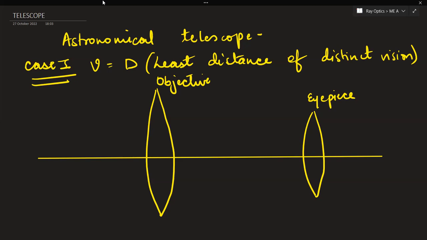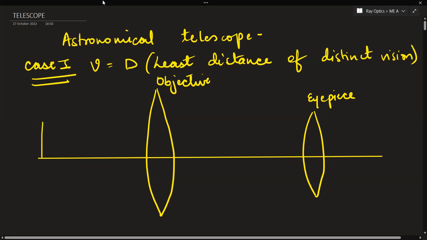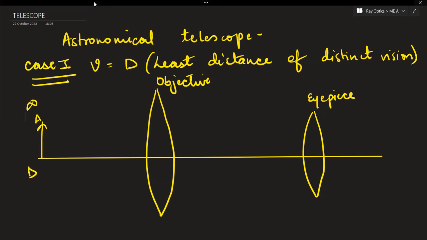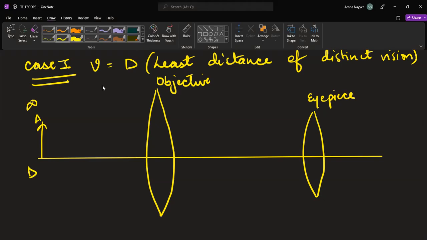The distance of the planet is finite, but the distance separating it from the lens will be almost infinity. Let's assume that this is infinity. Let's assume this is coming from infinity, so that you have an idea. Now see how the lines will go.